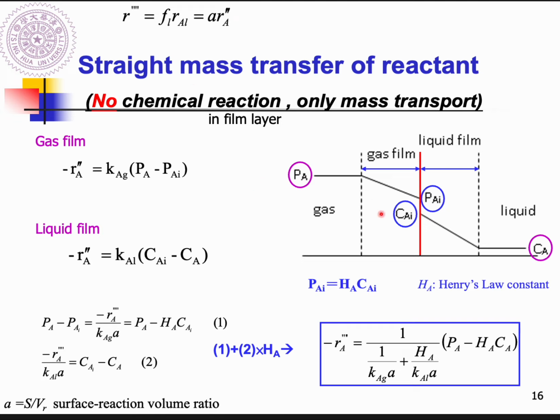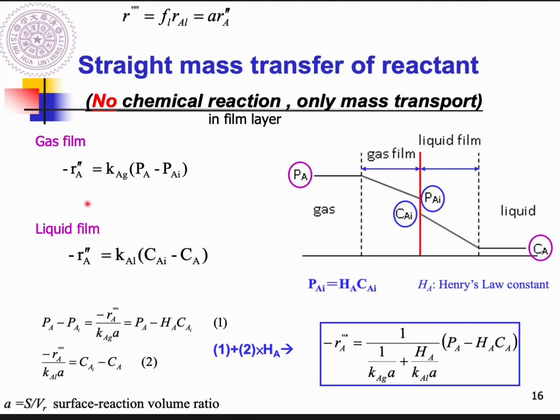Transport coefficient K_AG times P_A minus P_AI. And K_AG is actually the diffusivity divided by the thickness of the film layer. And the liquid film is the same, right? The flux, transport coefficient K_AL, and C_AI minus C_A. So you have these two equations, right?